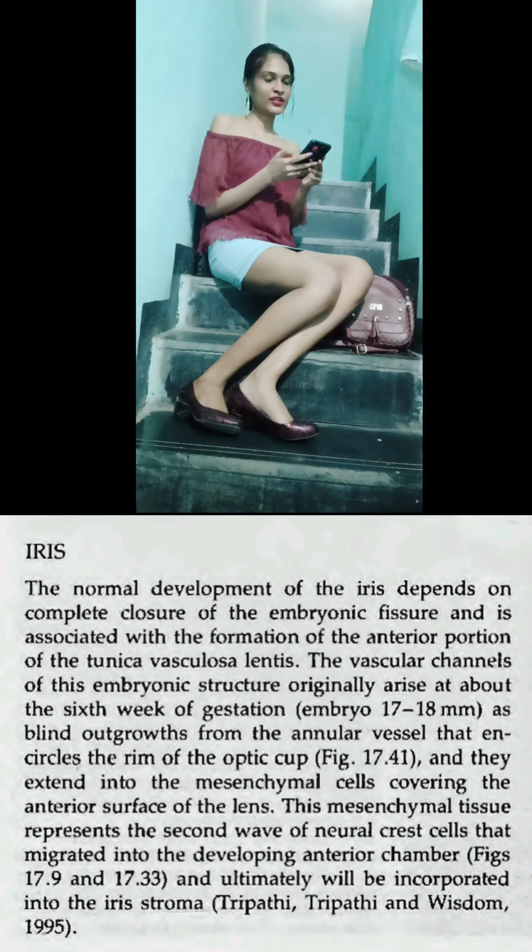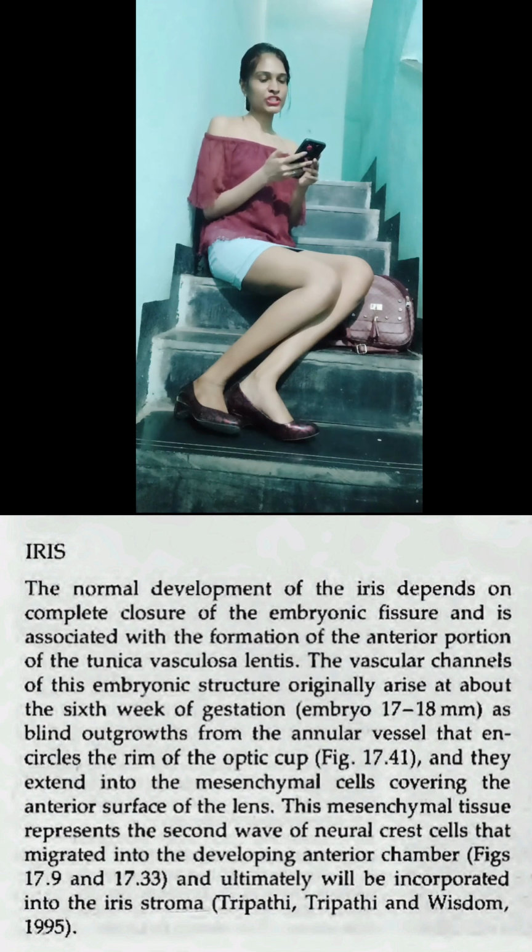The vascular channels of this embryonic structure originally arise at about the 6th week of gestation, when the embryo length is around 17 to 18 mm, as blind outgrowths from the annular vessels that encircle the rim of the optic cup, and they extend into the mesenchymal cells covering the anterior surface of the lens.